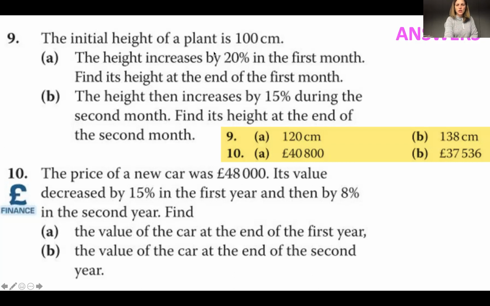For question 9A, you start with 100 centimetres, this is your original, you increase it by 20% to 120 centimetres, and then you increase it again. So this now becomes your original amount, your 100%. So you want 15% of 120, which you then add on to get your 138 centimetres. Okay.